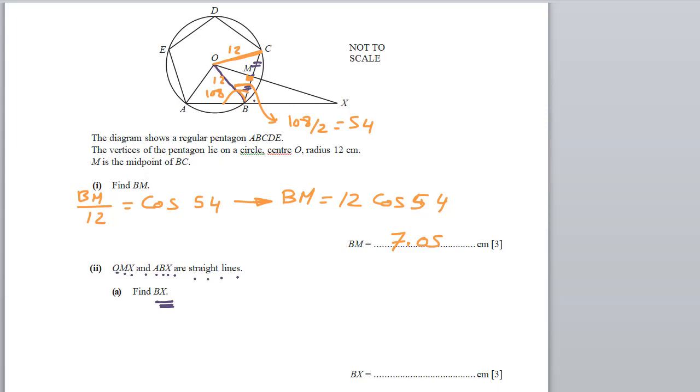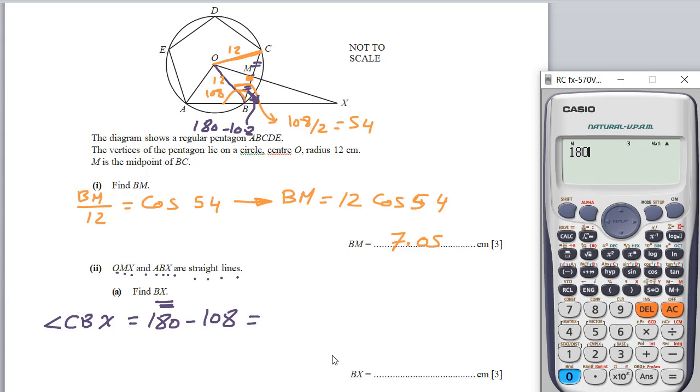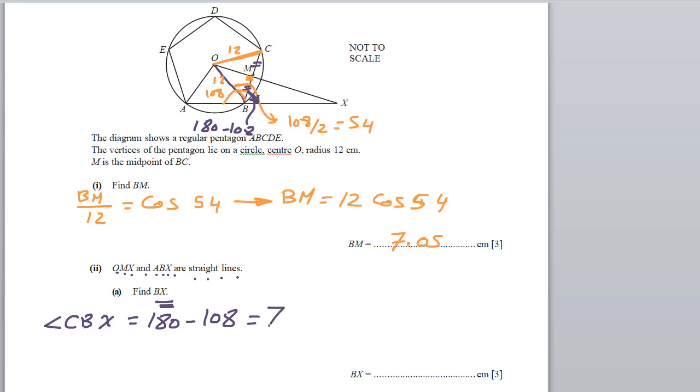Now in this triangle, this straight angle, this angle here is equal to 180 minus 108. So angle CBX is equal to 180 minus 108. So it's equal to 180 minus 108, so 72. So 72 degrees.